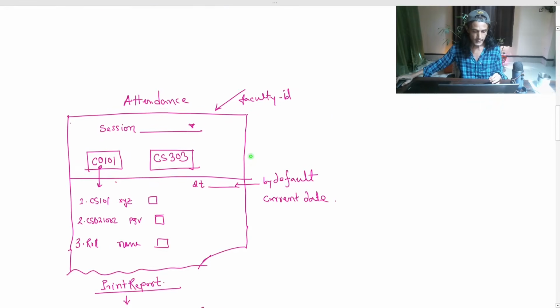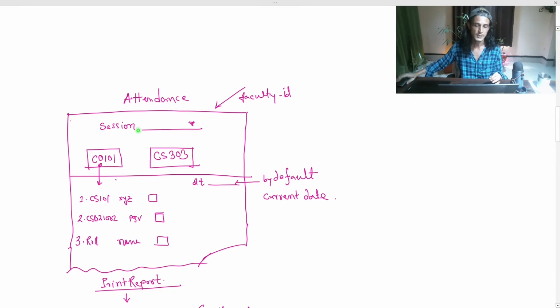So for this session, we'll be creating a drop-down menu. This symbol usually represents a drop-down menu. If the user clicks here, he or she will be able to see all the available sessions. That is one option. Another option is that we can make use of something called the current session.